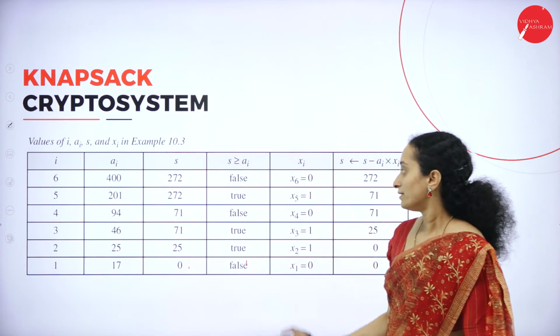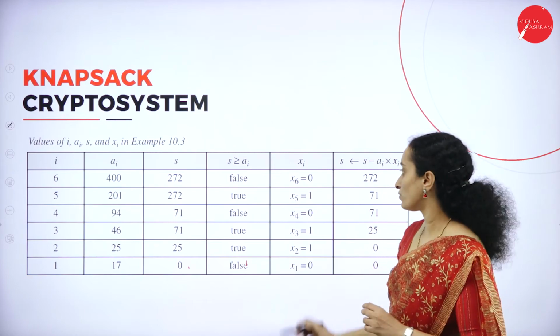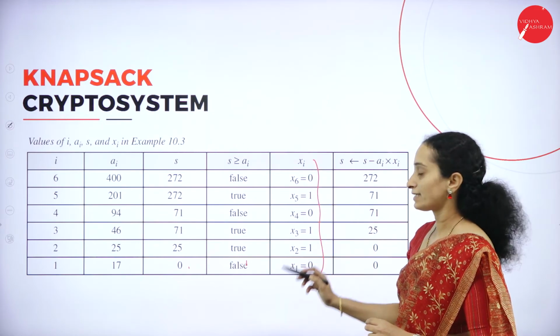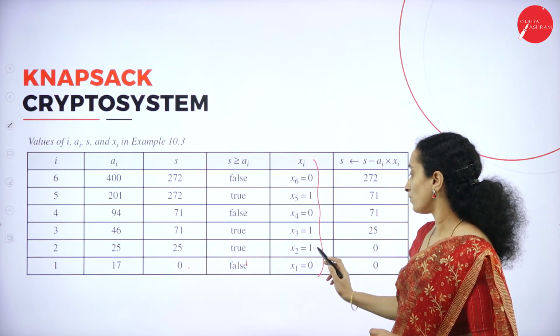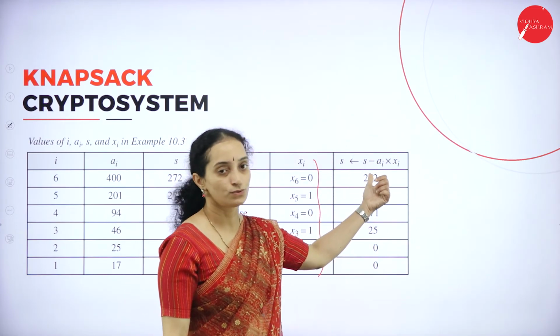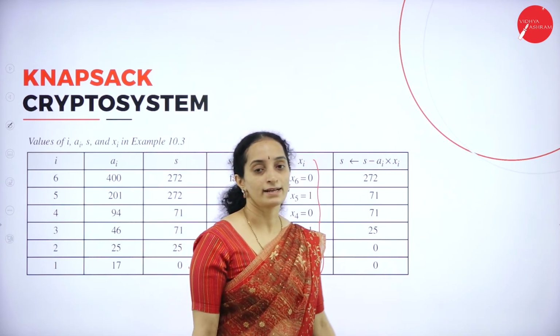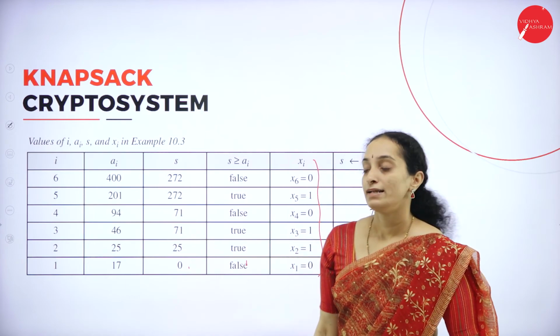Then we have the S values, where the condition is checked as false or true. We'll have the xi values 0, 1, 0, 1, 1, 0. You can get the S value by using S minus ai into xi. We'll calculate these values.